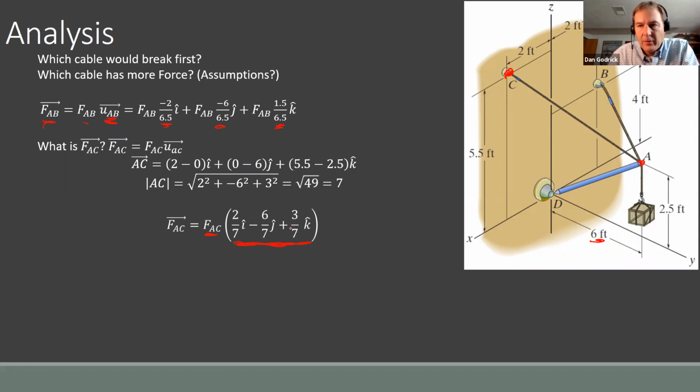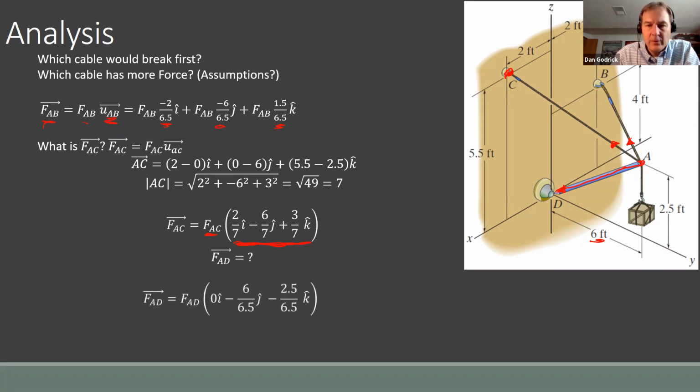All right, and while we're at it, why don't we just take AD? So again, we always want to assume that our forces are in tension. So that's going to act to pull that point A. So FAD, we do our analysis.